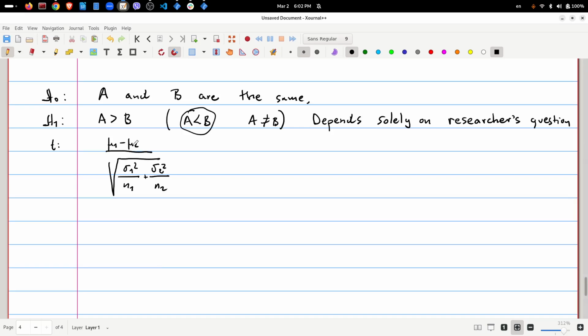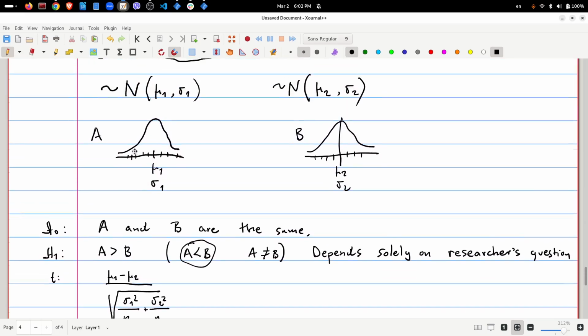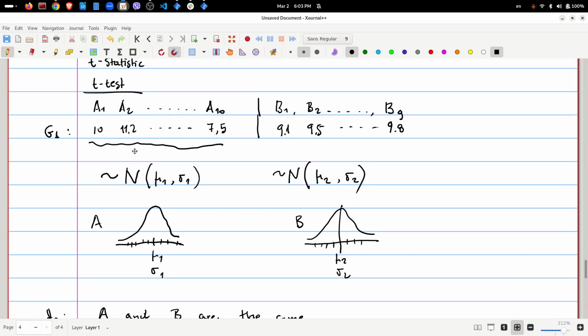Now this means that all these 19 values, 10 values from here and 9 values from here, will end up to a single t value.